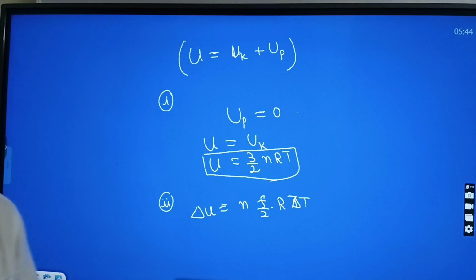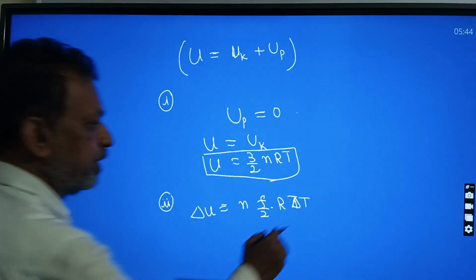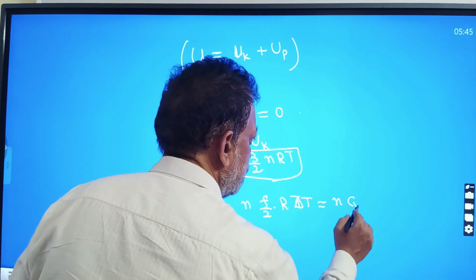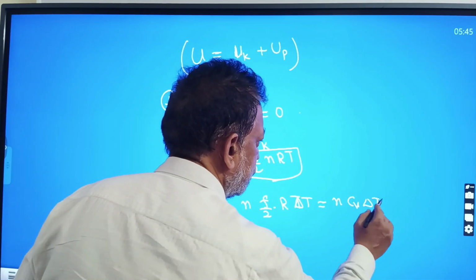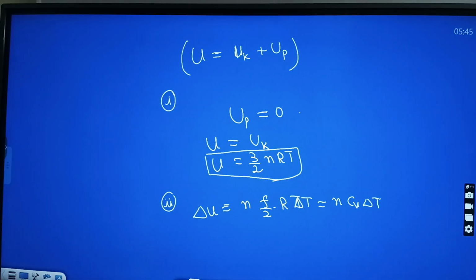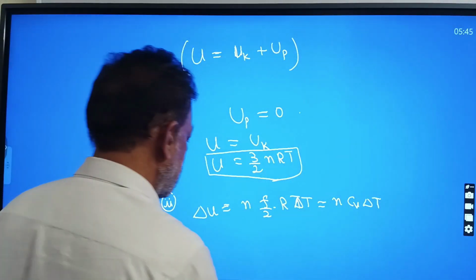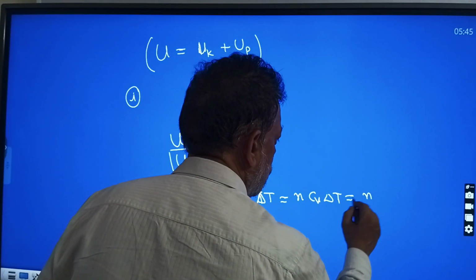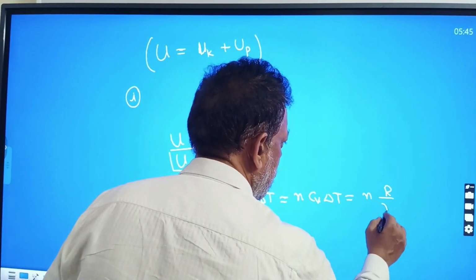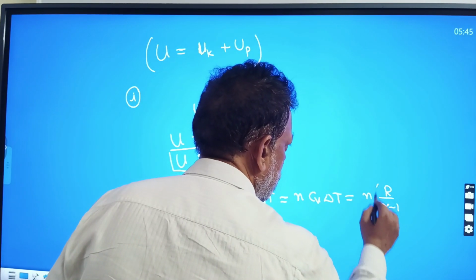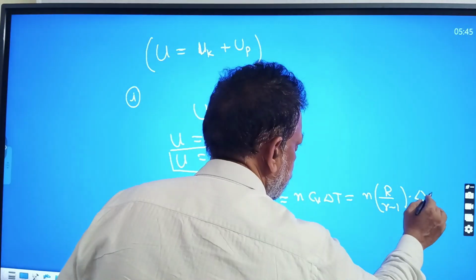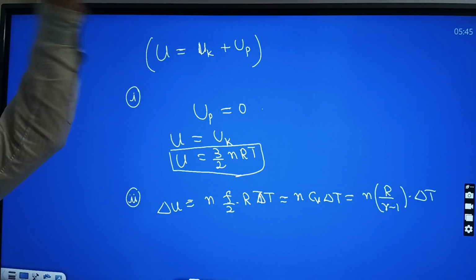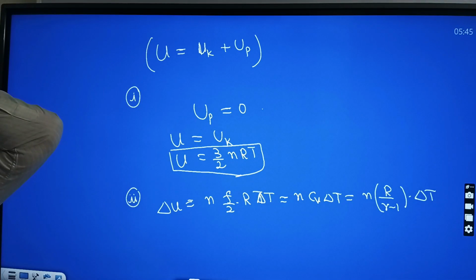That is equal to n Cv delta T. So that is equal to n into R by gamma minus 1 into delta T, since Cv is R by gamma minus 1.